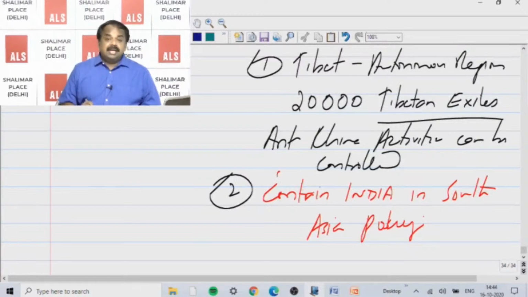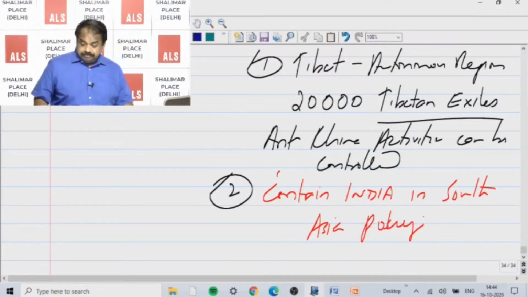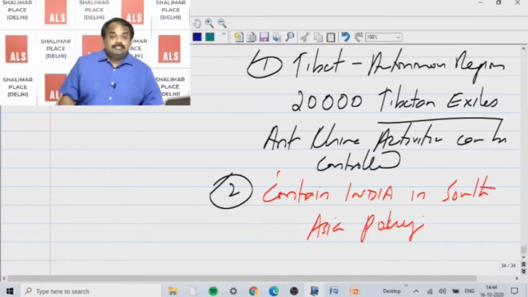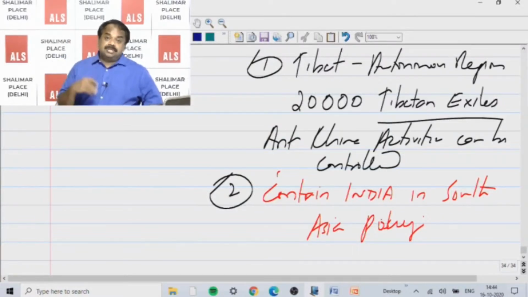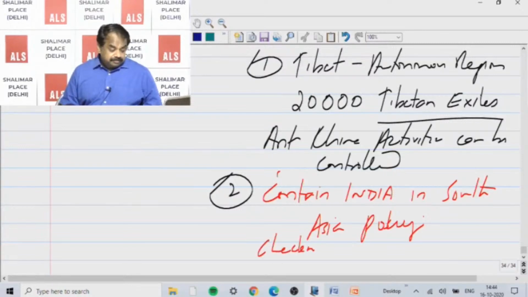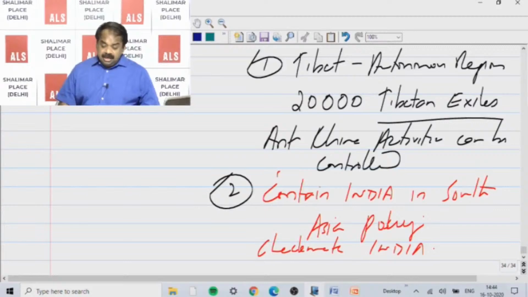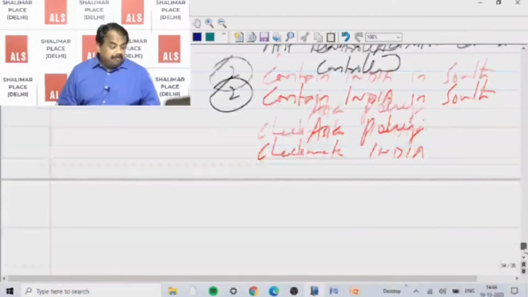They can strengthen that contain-India policy, so they can checkmate India in this region.